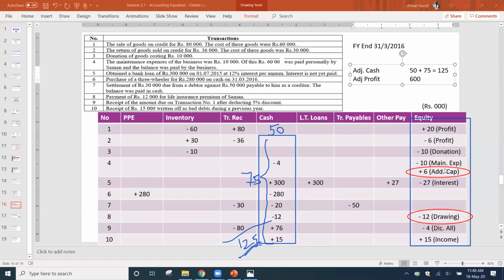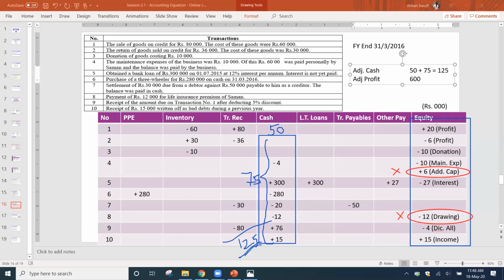So take all now. What I have circled, don't take those two. Take the other ones. Those transactions do not affect the income, the net income. They do not affect the profit. So without those two, everything else will affect the profit.